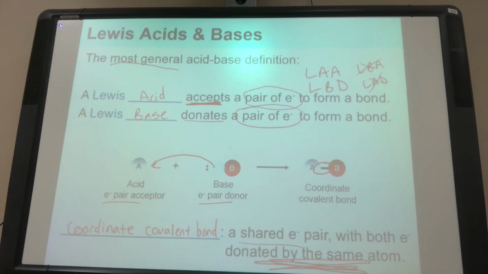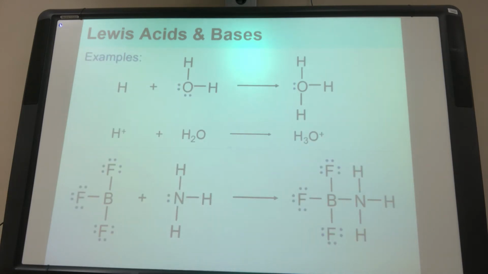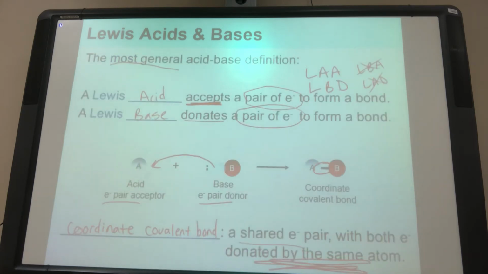All right, so let's look. If I gave you this and asked you who's the Lewis acid and who's the Lewis base. So here's my reaction. It helps to draw out the Lewis structures, hence the name Lewis acid base. If I'm going to be donating an electron pair, I have to have an electron pair to donate, and it's going to be on whoever's making the bond.